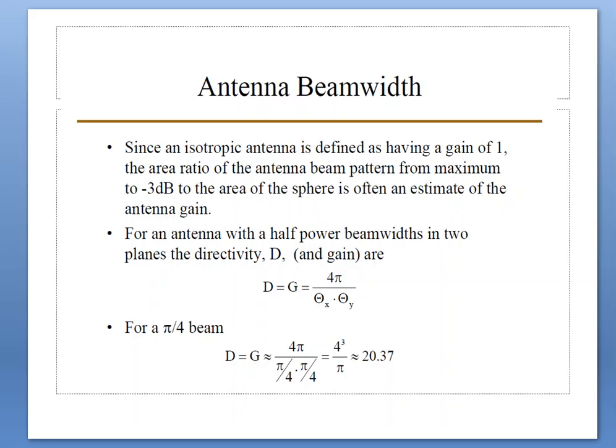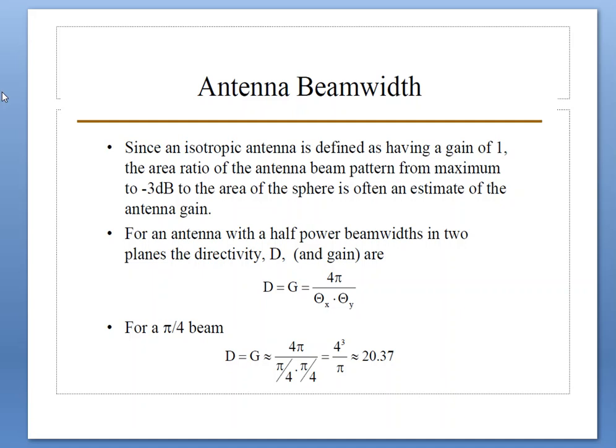For an antenna with half power beamwidths in two planes, the directivity D is given as G equal to D equal to 4 pi divided by theta x multiplied by theta y. For a pi by 4 beam, the directivity is equal to 4 pi divided by pi by 4 multiplied by pi by 4, that is equal to 64 by pi, approximately equal to 20.37.